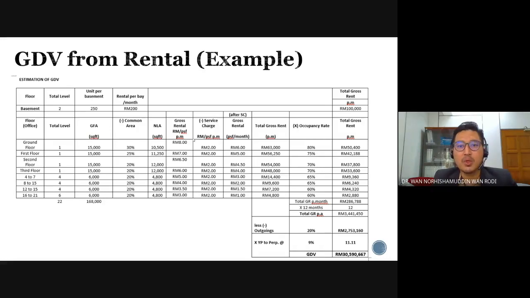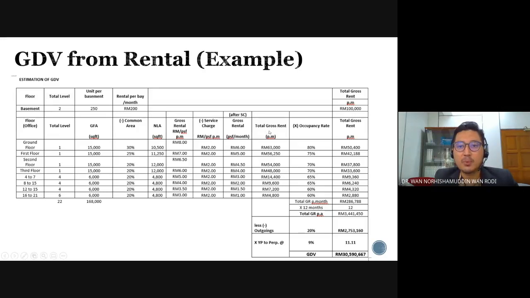So you minus it from the gross rental to get the gross rental without service charge. You can see here, 8 ringgit minus 2 ringgit, so the final answer would be the gross rental without the service charge.